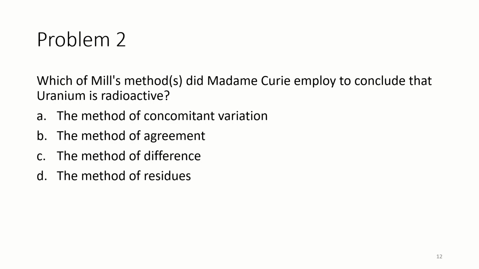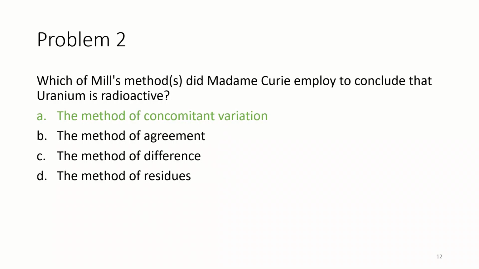So what kind of method is this? It's the method of concomitant variation, because the presence of uranium directly leads to the effect of radioactivity.